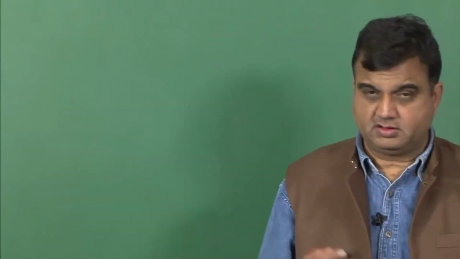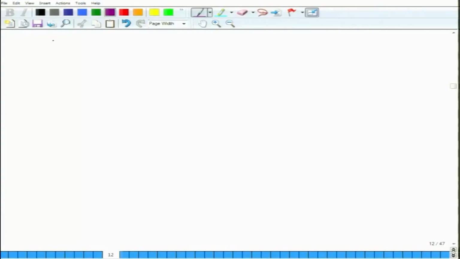What I plan to do today is to give you an overview of what different types of composites are there in the world. So, what I will be essentially doing is classifying composites based on different types of constituents. Okay. So, what we will discuss today is classification of composites.